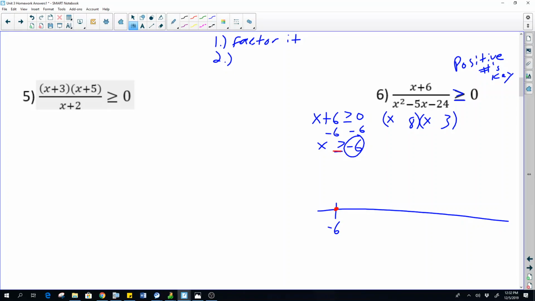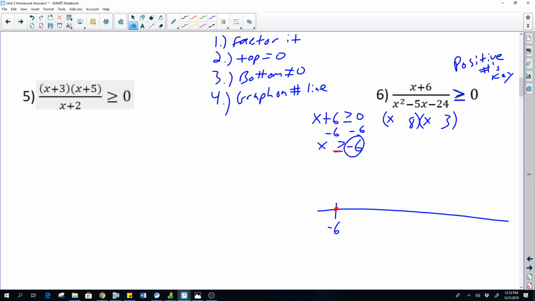Then step number 2 is to set the top equal to 0. And step number 3 is set the bottom not equal to 0. Nice. Not equal to 0. And then graph on the number line.